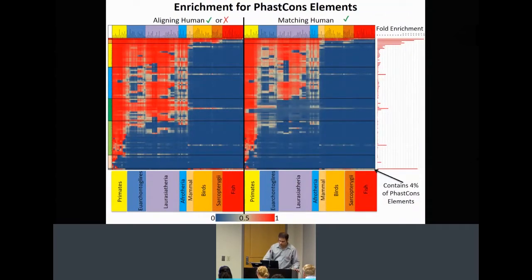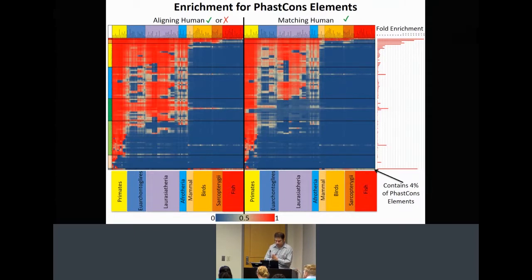And if we look at where PhastCons elements are, so this is an annotation of constraint based on traditional phylogenetic modeling approaches, we can see that their elements are falling both into that state 100, and then also a lot of the states up top, which are associated with higher aligning and matching probabilities.